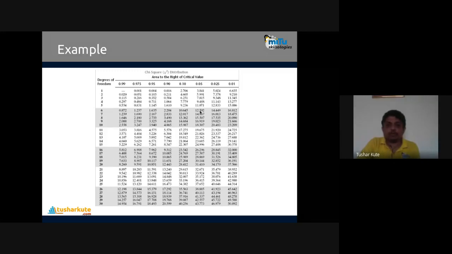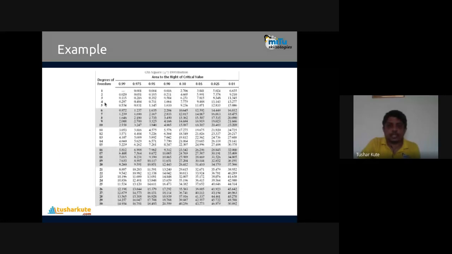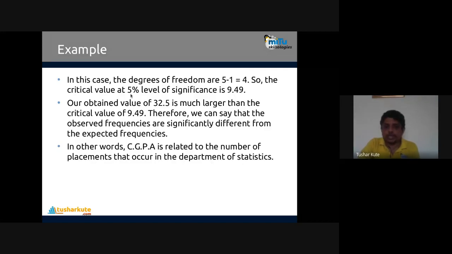So the value is here 9.488. Yes, 9.49 is mentioned there with 5% level of significance. So the value at degree of freedom 4 is 9.488 for 0.05. Categories minus 1 is what we are using for degrees of freedom, and the level of significance is 5%. So its value is this.